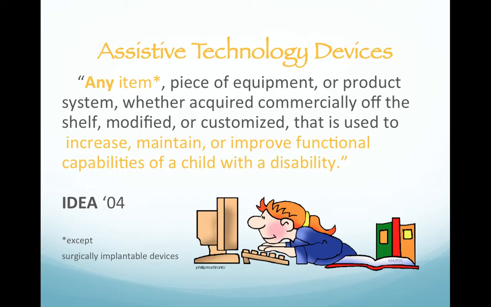This is really a great idea, as we have seen how technology has grown and changed over the years. There's no way a list could have been created of what is and what is not assistive technology.